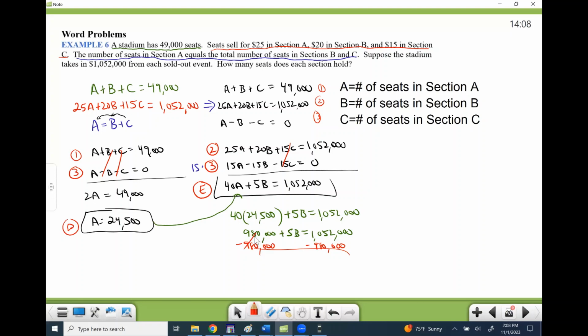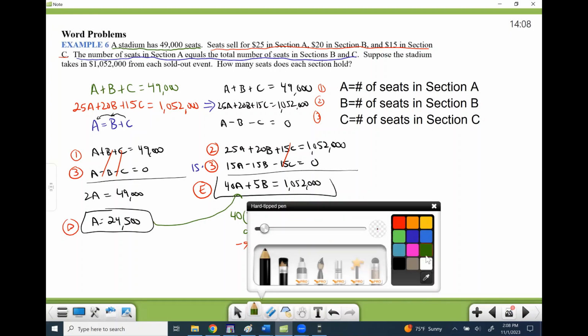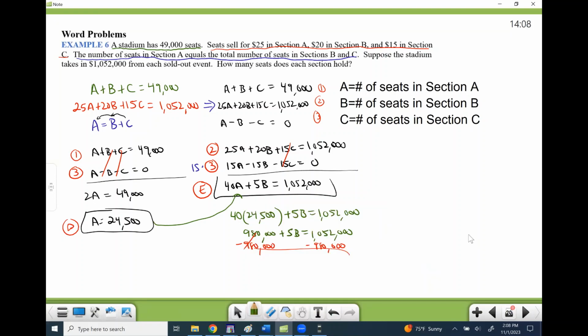So let's see what that gets us. So right here, they cancel. So we have 5B equals. Okay, I did grab a calculator, so I'm good to go now. So let me go ahead and subtract those.